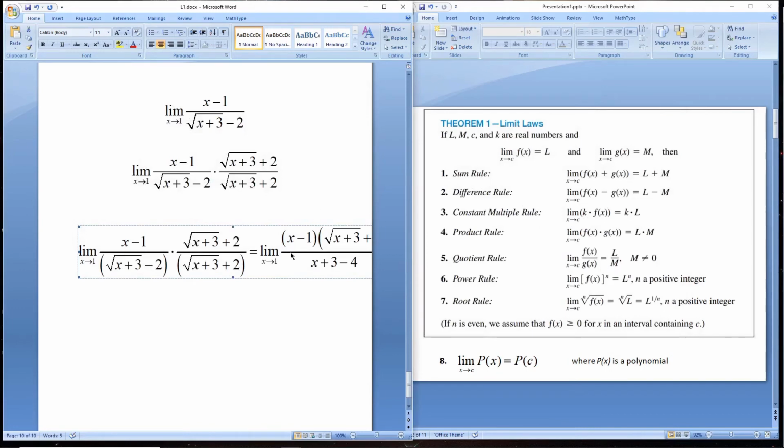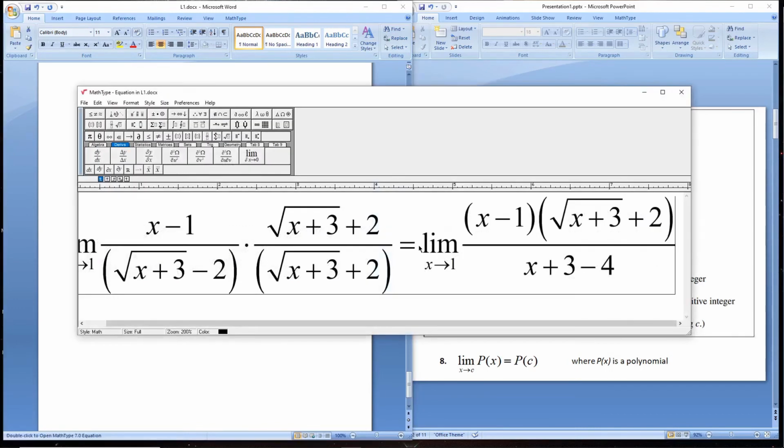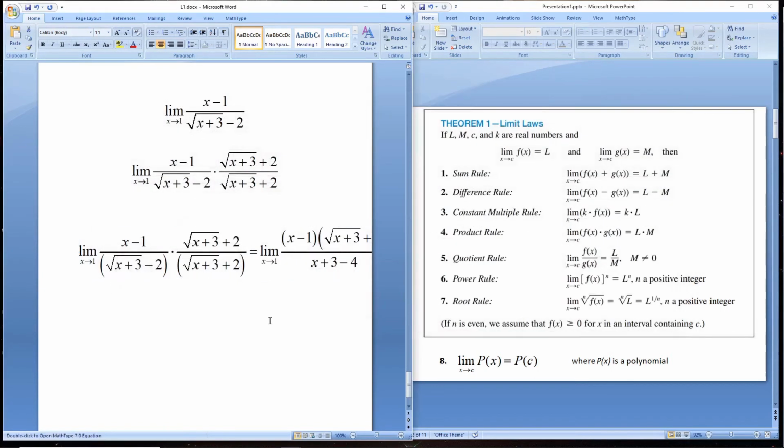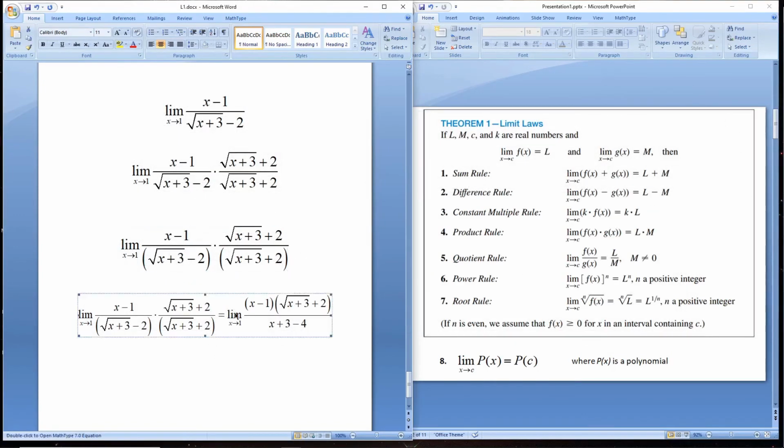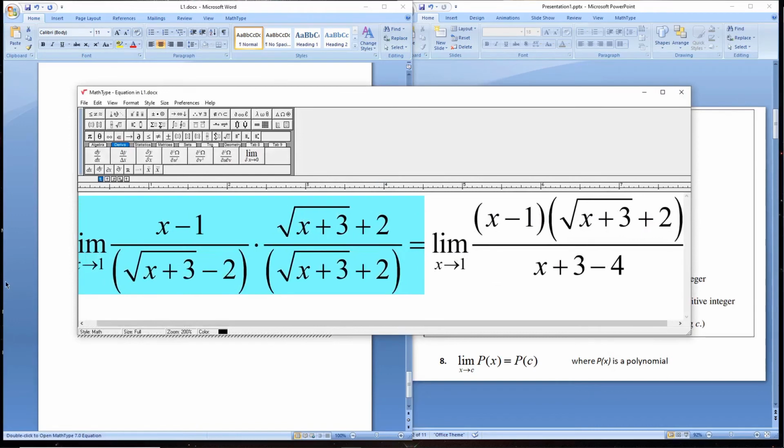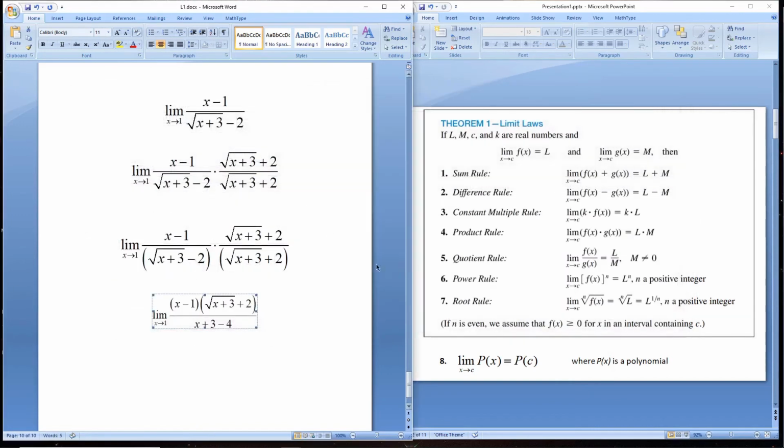And, ooh, that's looking a little bit messy there. Let me just make that a little bit cleaner looking. So there we go. Here's our conjugate. And here's the result of distributing that out.